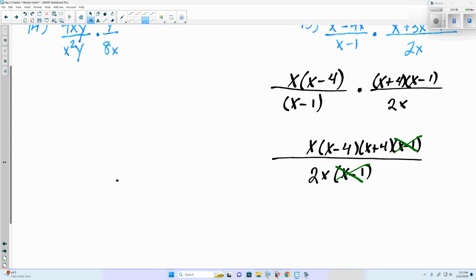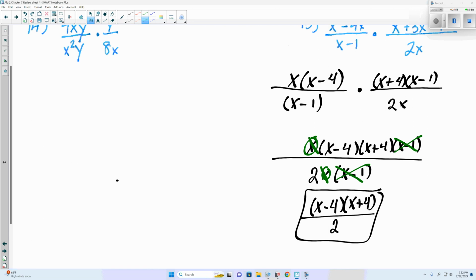There's one other thing. The x and x. Yeah, the x and x will cancel out, leaving us with 2 on bottom, and the top is x minus 4 and x plus 4.